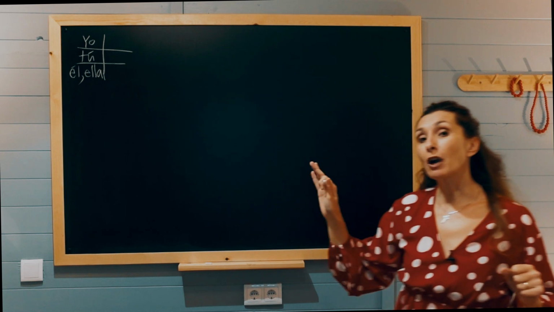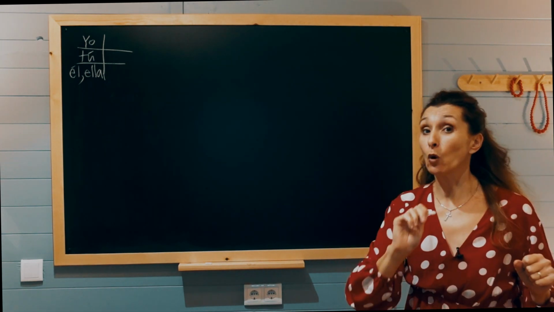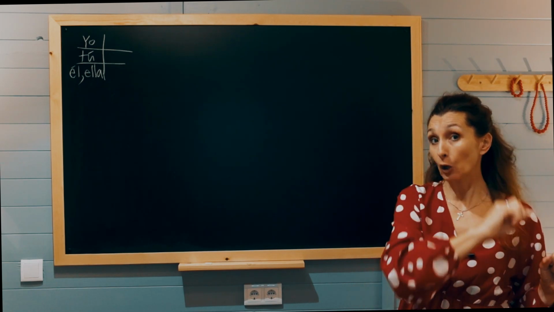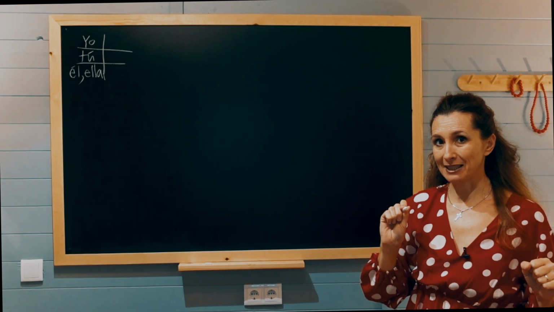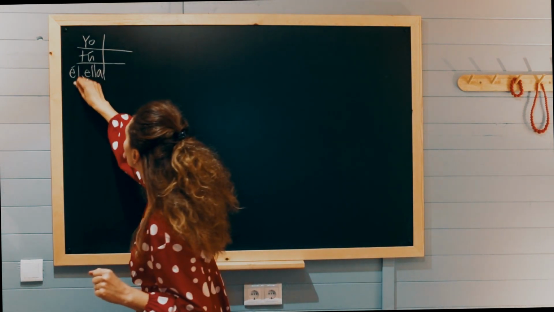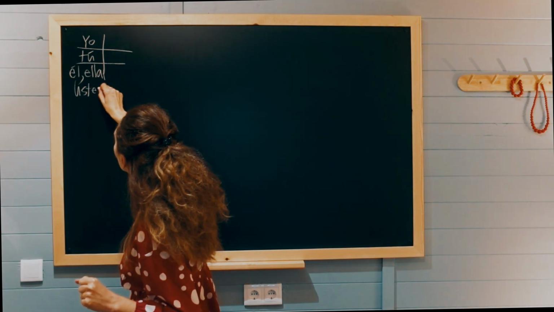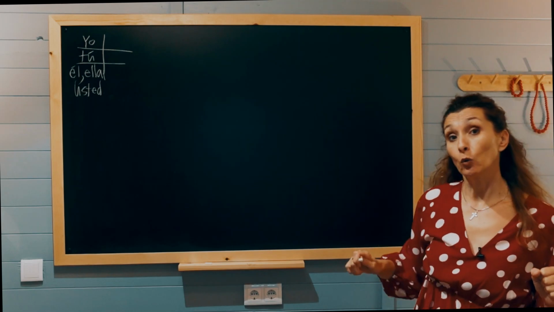Okay, I will write usted here, but remember, if you haven't watched the previous lesson, please go back and watch it, because it really is very important that you understand the grid and why usted is here and not with tú.